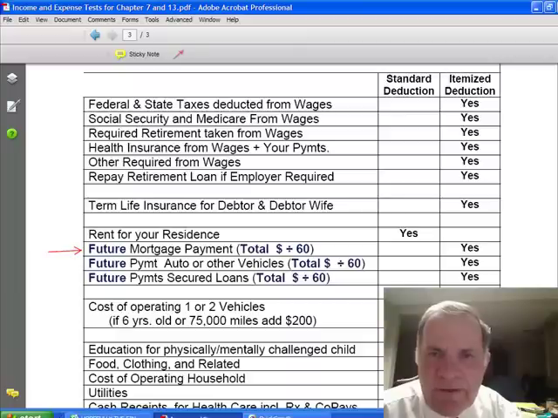Over the 60 months, that's 5 years, from the date you file on into the future for 60 months, what would your payment be? It would be your monthly mortgage payment times 60. You total all those dollars up, and then you divide by 60. Well, that's your monthly mortgage payment.